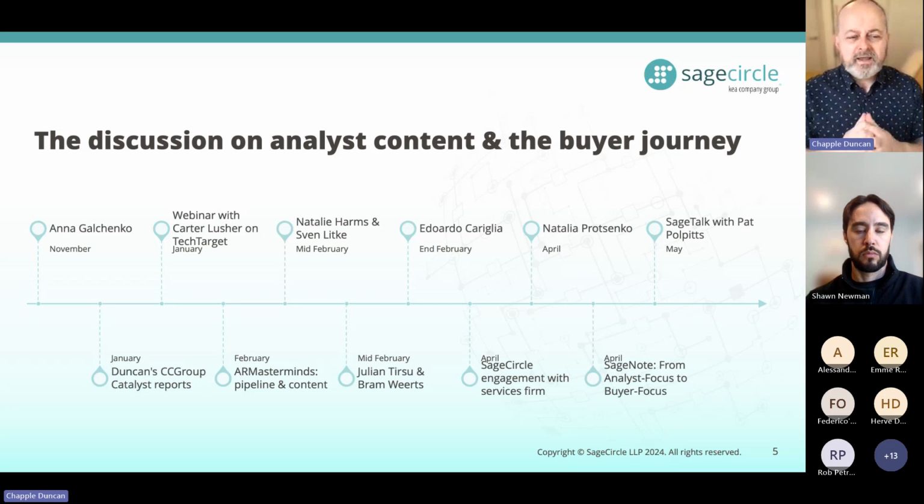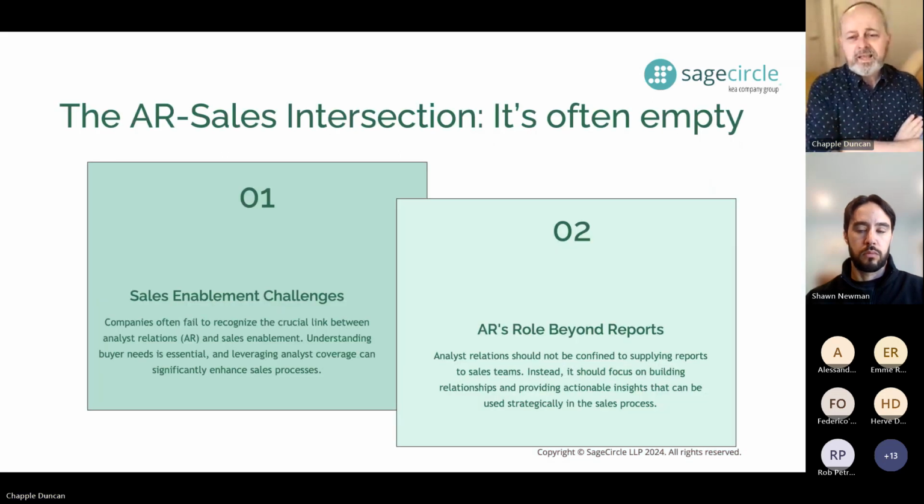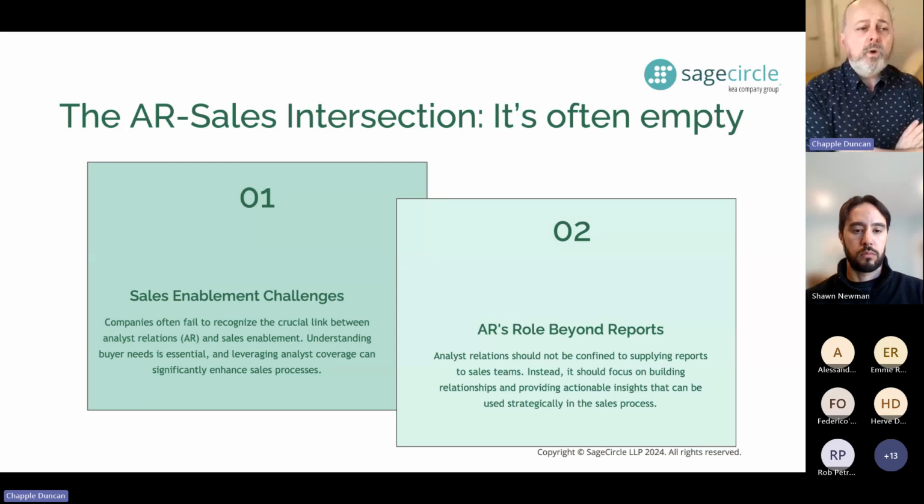But to frame the midpoint, I suppose, of those discussions, it's really this idea that when we think of the intersection between AR and sales, very often that's an empty space. Very often it's something like a null set.